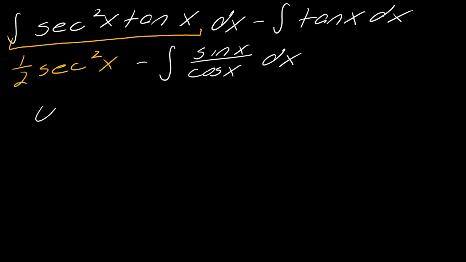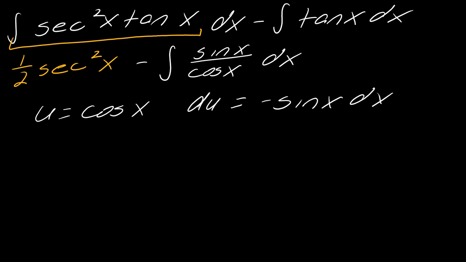So for this case, my u will be cosine, and my du will be negative sine x dx. So I can go ahead and transfer that negative to the other side. Okay, and so now if I set this up, let's just focus on this right now.